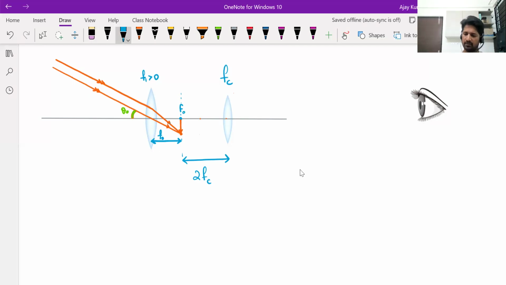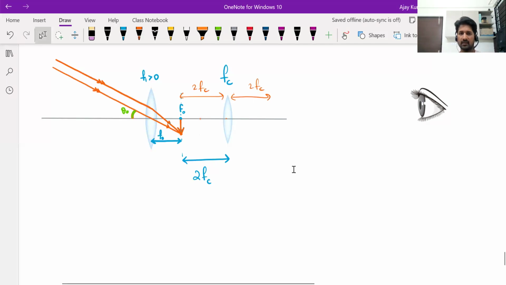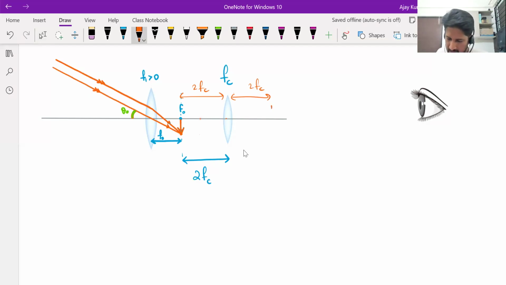So effectively what happens, this first image, which is now an object, okay, the first image is now an object for this lens, no, correcting lens. It's like the object is at 2 times the focal length. If object is at 2 times the focal length, image also forms at 2 times the focal length, and you get an inverted image. So what happens is, this correcting lens forms an inverted image here.